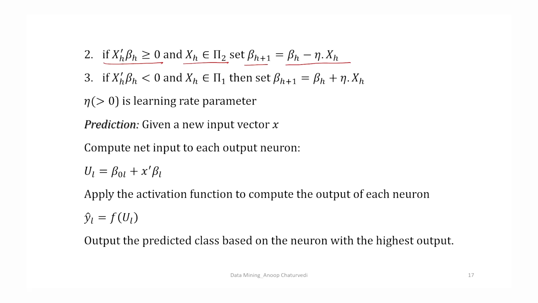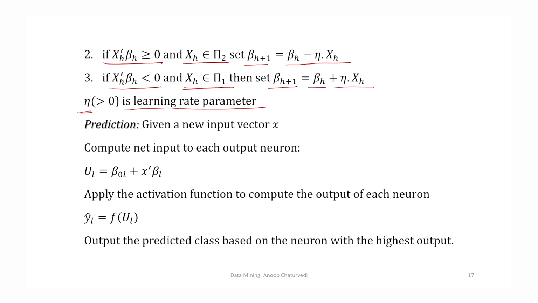Or if x_h transpose beta_h is less than 0 and x_h belongs to pi_1, then we set beta_(h+1) equal to beta_h plus eta times x_h. Here eta, which is greater than 0, is the learning rate parameter. So, this is how we implement this algorithm to train the model, or to find the value of beta_h.